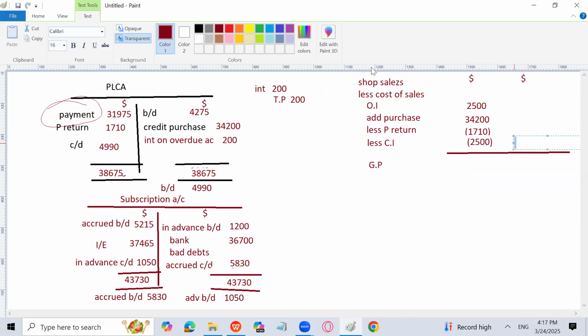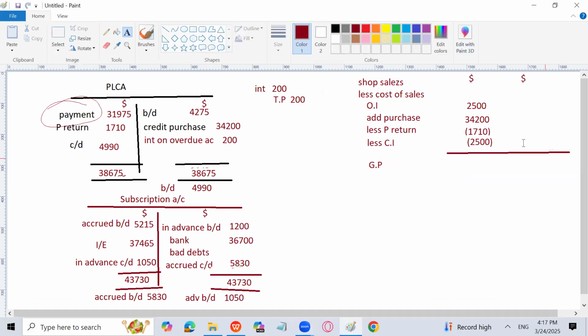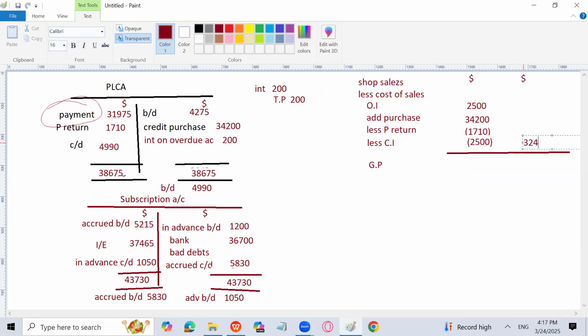That is going to be 32490. So I will write here 32490, and I know that markup is always a percentage on the cost of sales. So I will write 32490 multiplied by 20%. I will get the gross profit. What is the amount of gross profit now?